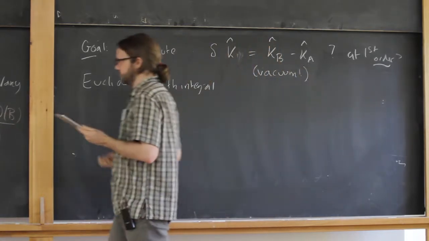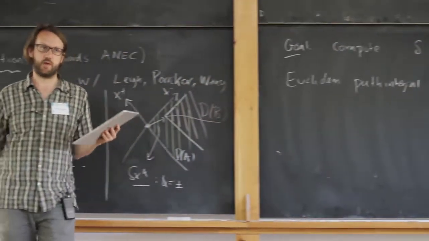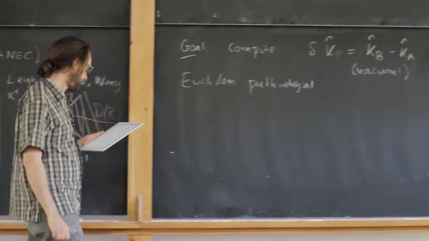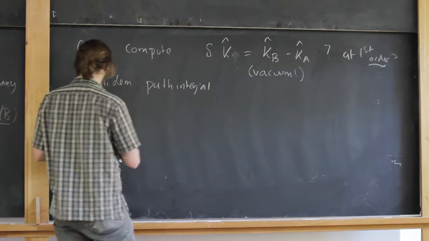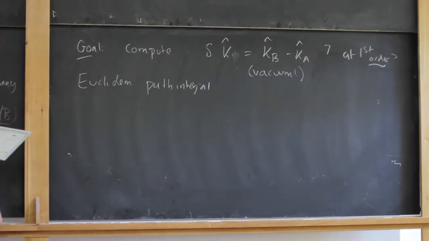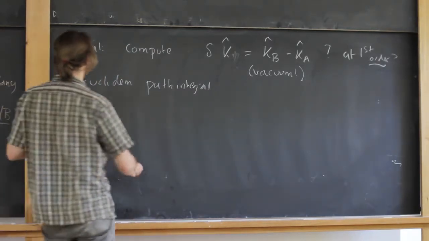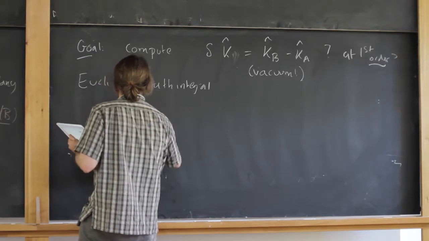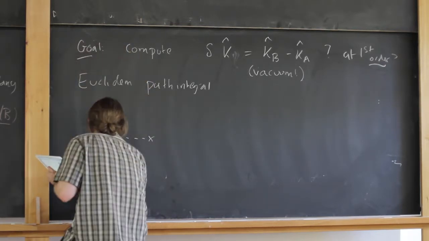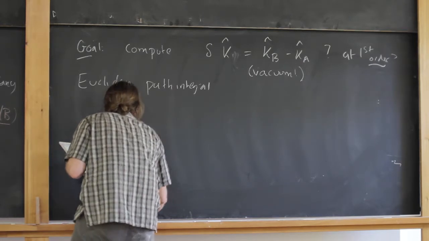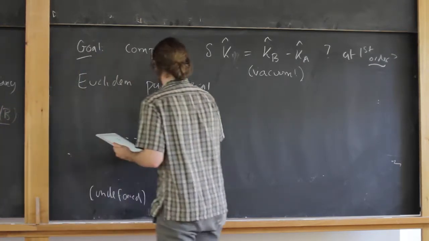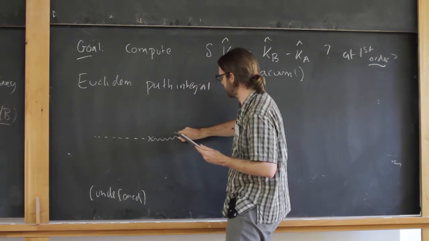It's a more non-trivial problem to do it for some other state, but you could try to do that. Okay, so we have some Euclidean path integral, and it's the same Euclidean path integral as before in the undeformed case. So this is undeformed now, where we include a branch cut here.